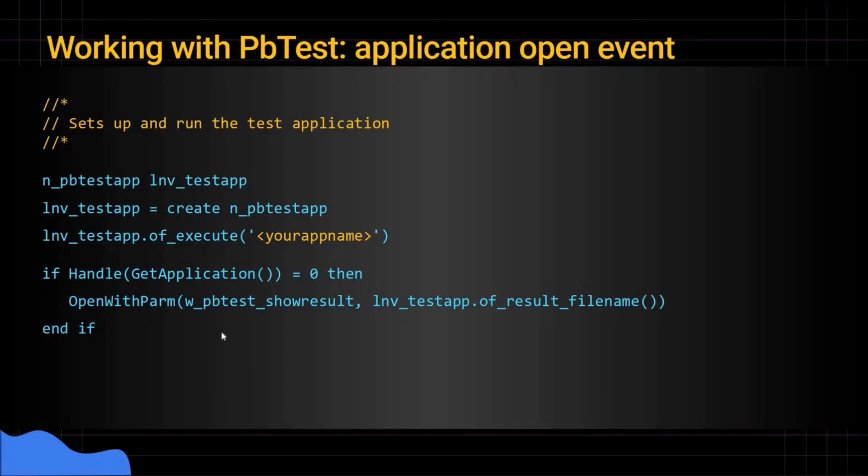So you see, we have a new application that is based on the PBLs of our real application, but it is a test application, and its open event will just execute the tests and show the results.